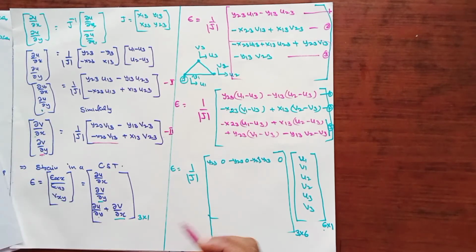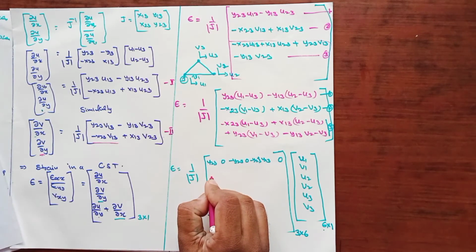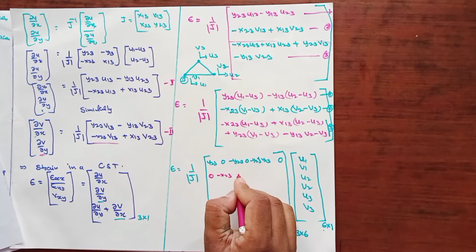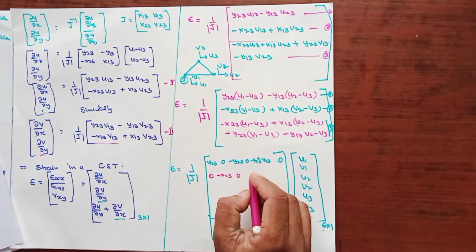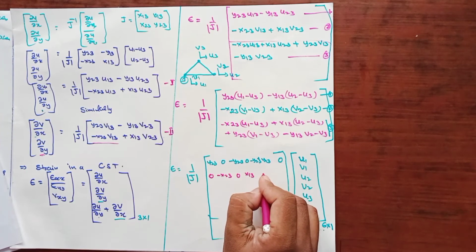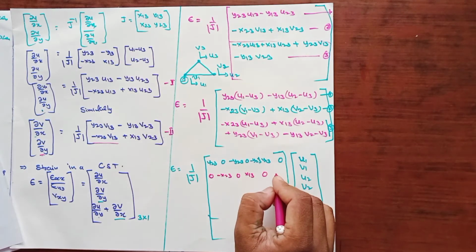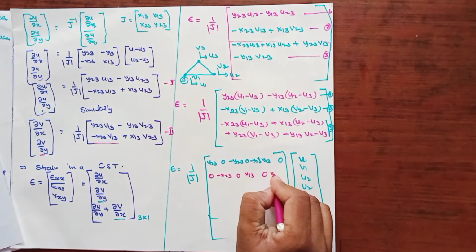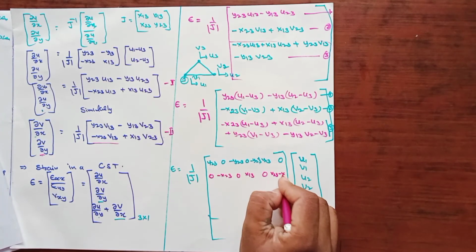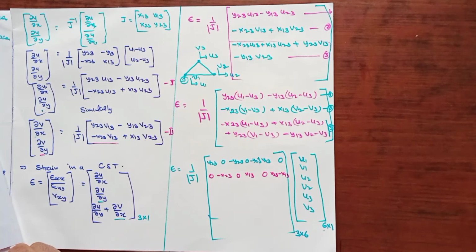Then the second row: the first element would be 0, the second element x23, the third element 0, the fourth element x13, the fifth element 0, and the last element x23 minus x13.